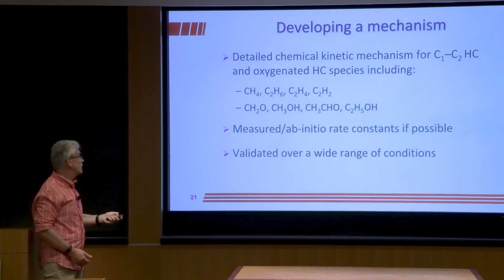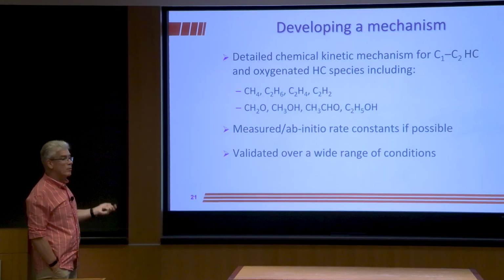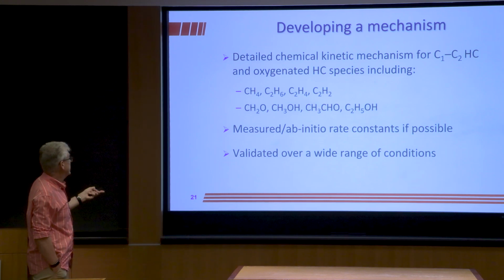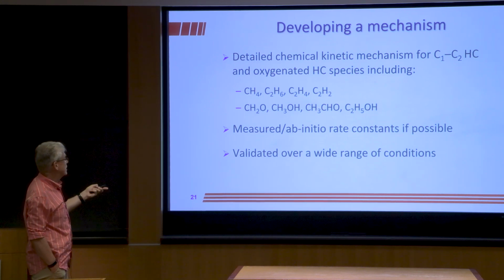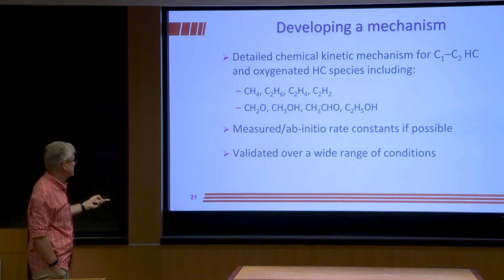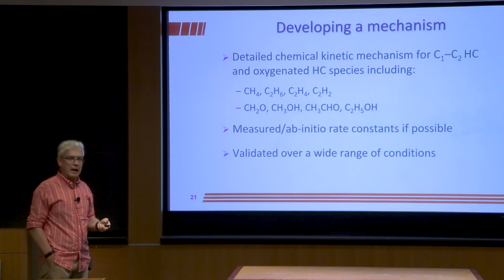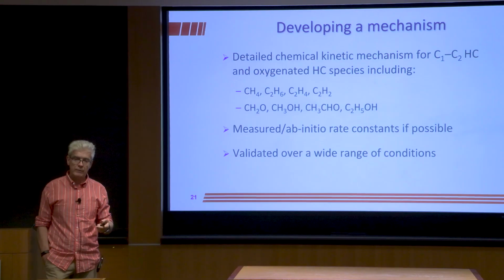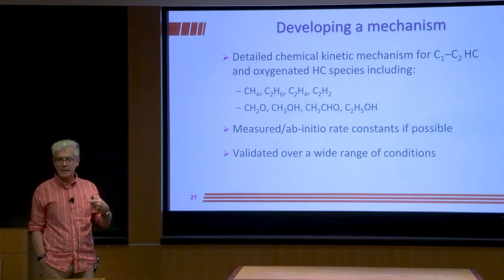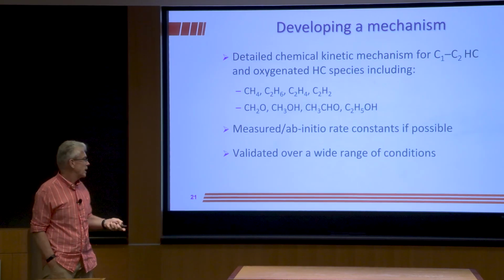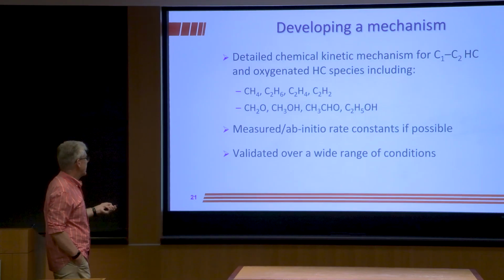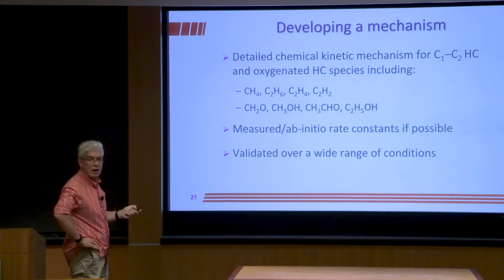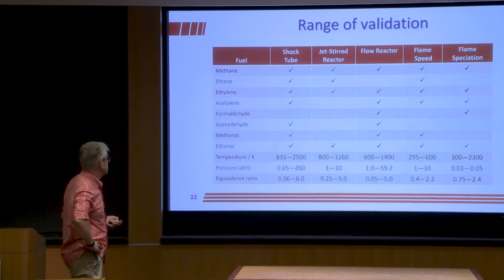We published a Ramco mech, maybe about 10 years ago now, more, describing small species chemistry, including C1, C2 species, and taking, as far as possible, measured rate constants. If they haven't been measured experimentally, we used those calculated from ab initio calculations, and put that into the mechanism. Then we tried to validate the mechanism over a wide range of conditions. That was what we did.